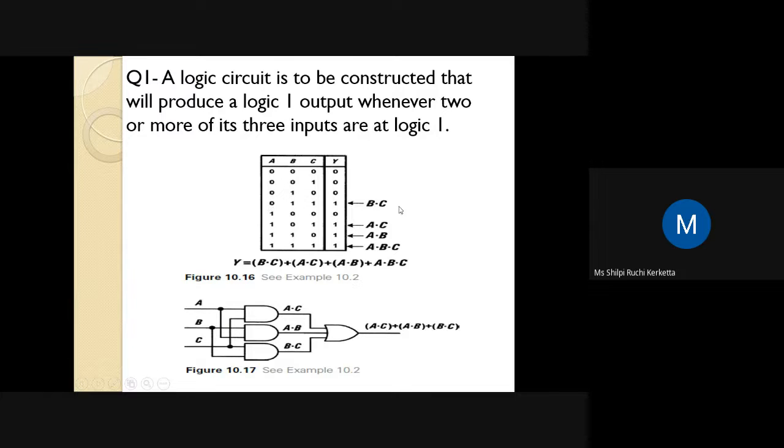So it will become BC, here it will become AC, here AB, and here ABC. So the output will be sum of products; we will sum all the products. As ABC is universal, we can say it is a 1, so we will not use this ABC. So this is the full circuit for our carry part. Any doubt in this?